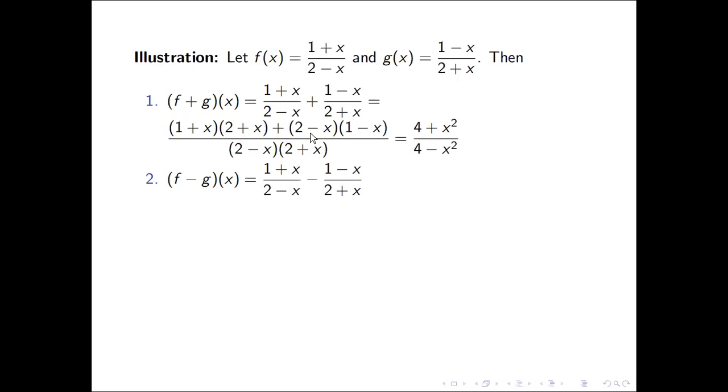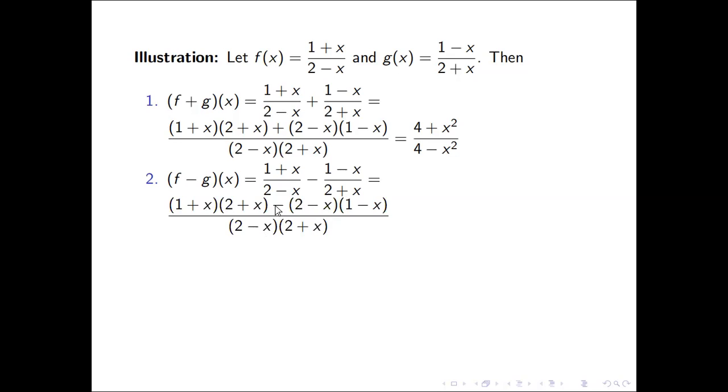Okay, so f minus g of x, instead of adding, we subtract. But be careful to distribute the negative sign over the numerator of the second expression. So notice the LCD is 2 minus x, 2 plus x. I divide that by 2 minus x times 1 plus x, I get this. Then divide this again by 2 plus x times 1 minus x, I get this.